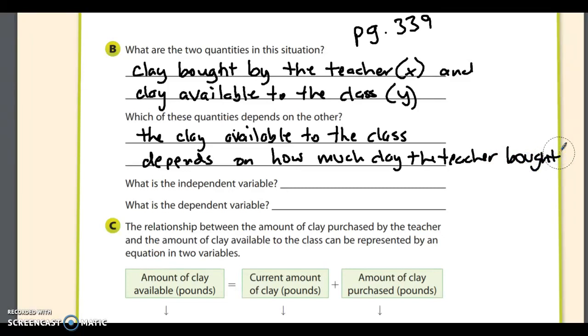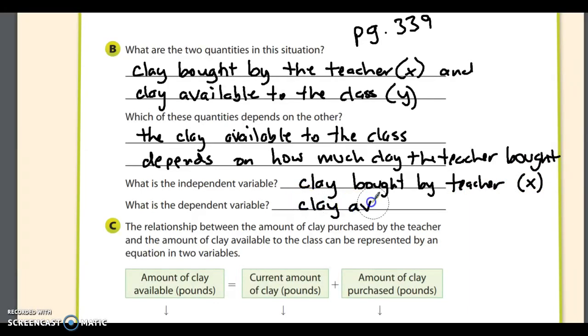What is the independent variable? That's the x-axis. Clay bought by the teacher. That's the x. And what is the dependent variable? Clay available. And that's the y one.